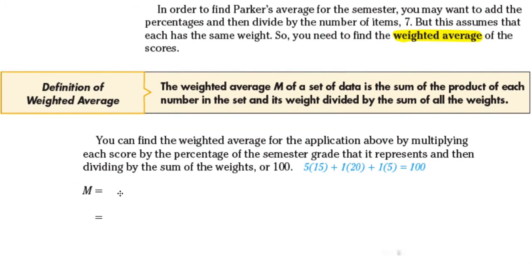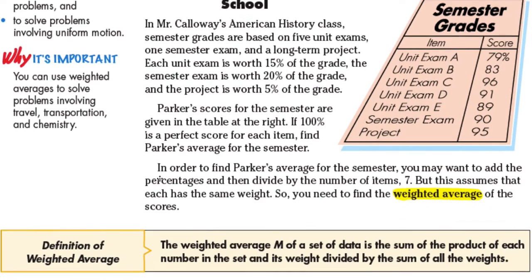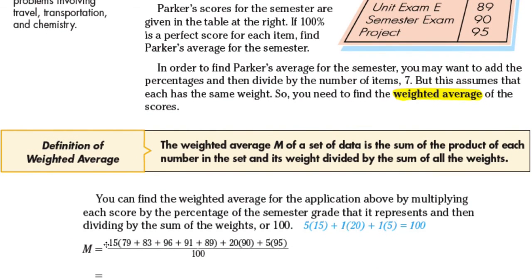Written out, you have 15 times (79 plus 83 plus 96 plus 91 plus 89), because these are all Parker's grades for the 5 unit exams weighted at 15%. Then you have 20 times 90, because 90 is the semester exam and 20% is the weight, and the project grade is 95 with a weight of 5, all divided by the total weights, which is 100.